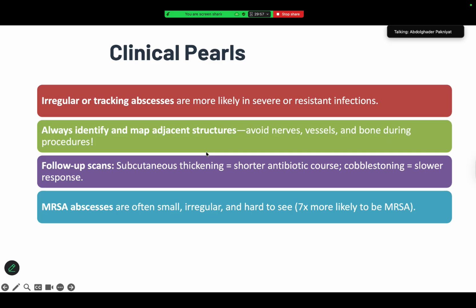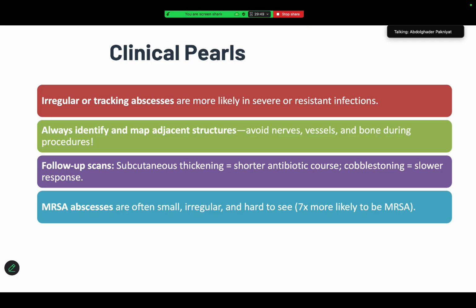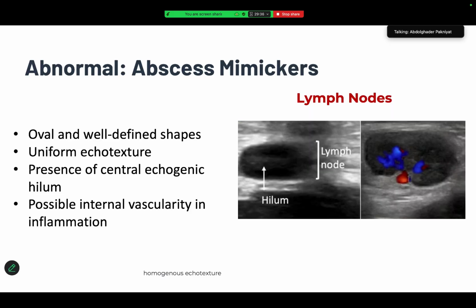So doing point-of-care ultrasound is not just for finding pus under the skin. We can use it in our diagnosis, in our procedures, and even in choosing the best antibiotic for this case and how we can follow the case safely.